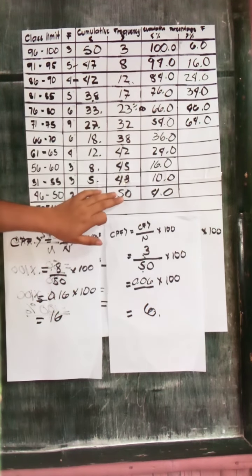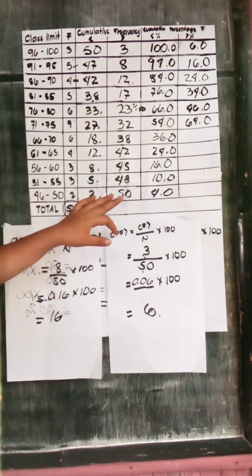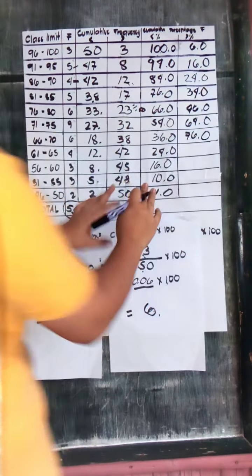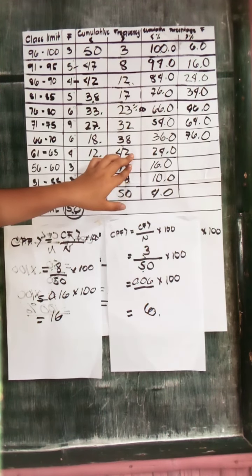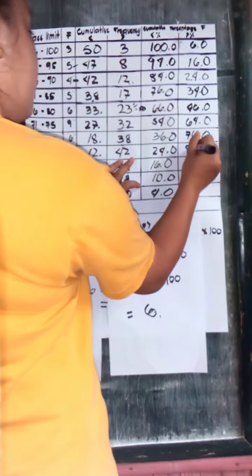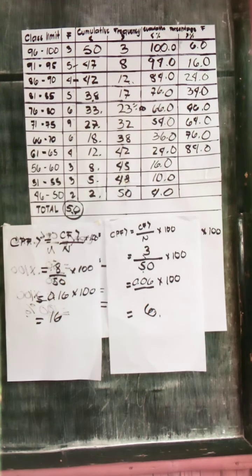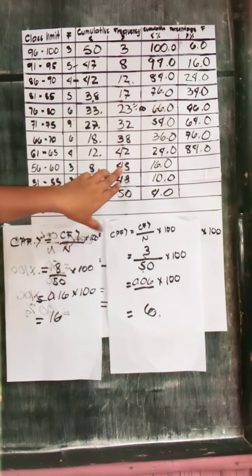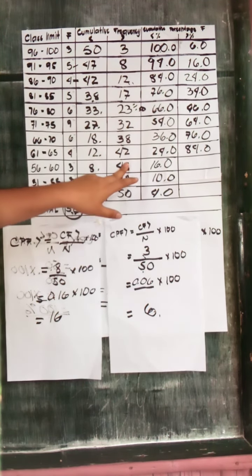38 divided by 50 is equal to 0.76. And 0.76 times 100 is equal to 76. 42 divided by 50 is equal to 0.84. 0.84 times 100 is equal to 84. 45 divided by the number of cases is equal to 0.90, and 0.90 times 100 is equal to 90.